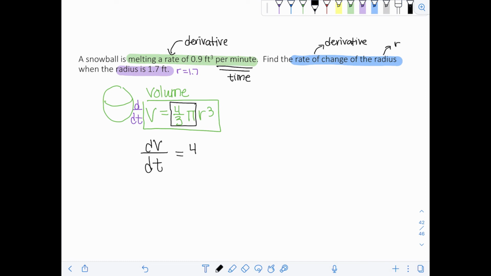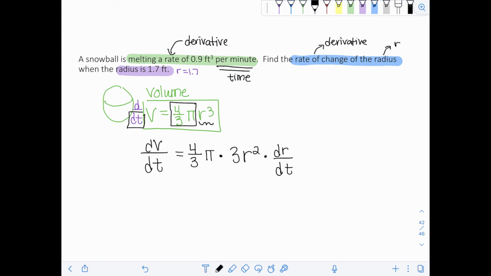So I'm just going to write 4/3 pi times, now we want to actually take the derivative here. So the derivative of r cubed is 3r squared, but because we're doing the derivative with respect to time, the extra thing to multiply in is going to be dr dt.